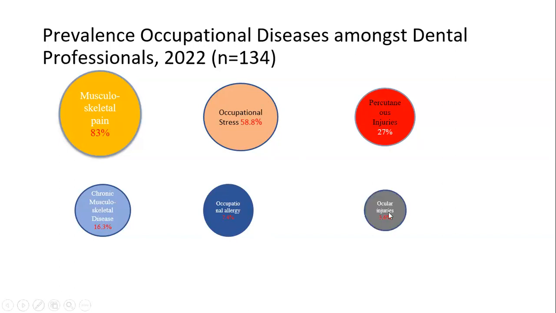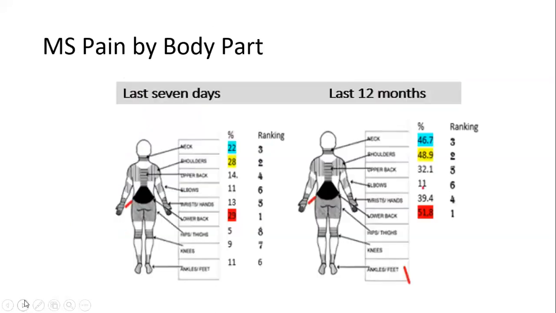And ocular injuries were reported much less commonly at 3.6%. These are the key numbers in terms of the overall findings of the study. We're just zoning into a few aspects.